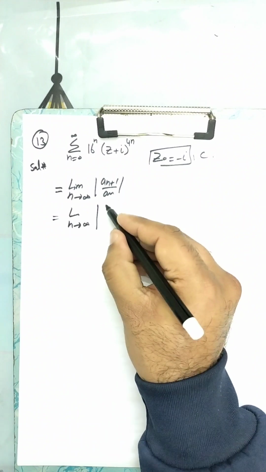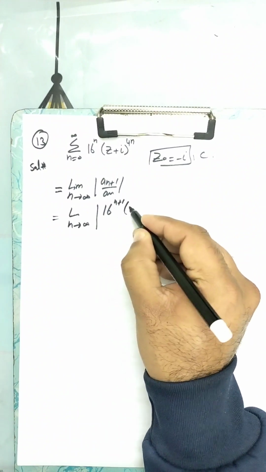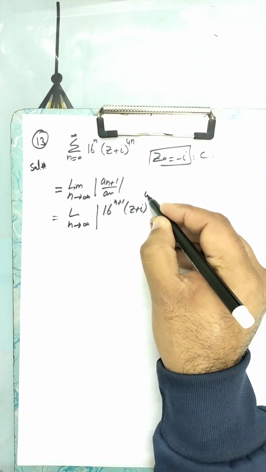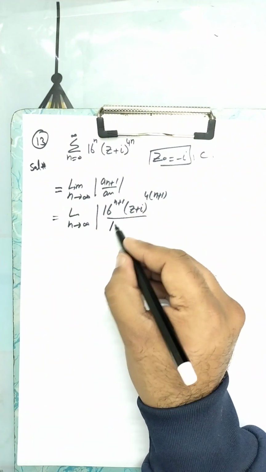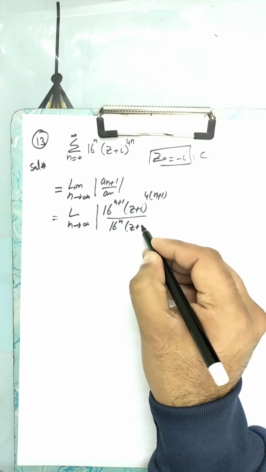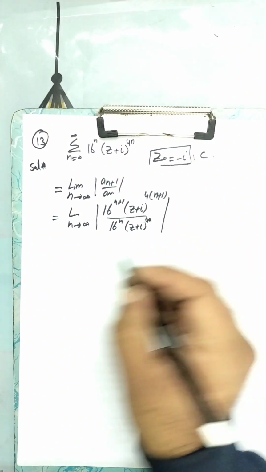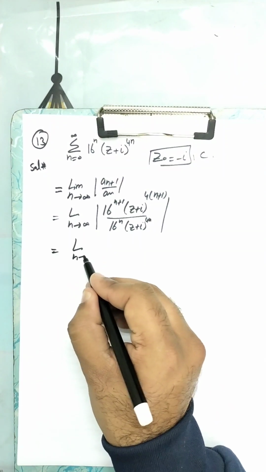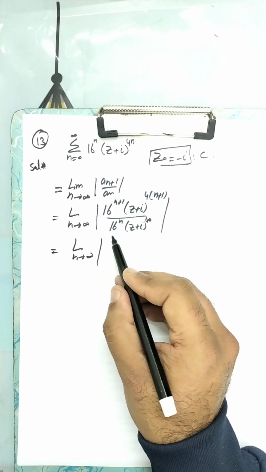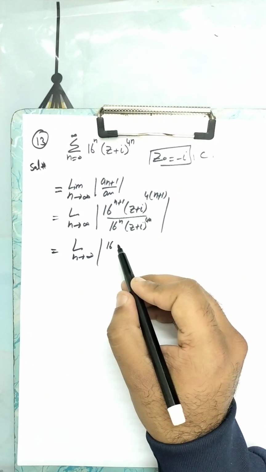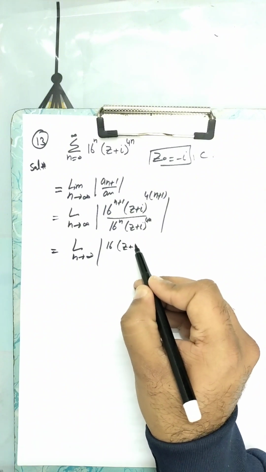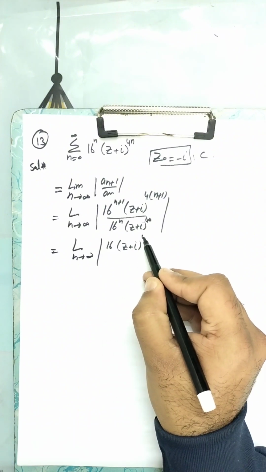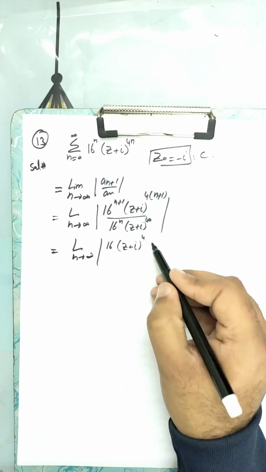What is a(n+1)? It is 16^(n+1) (z plus iota)^(4(n+1)) over a(n), which is 16^n (z plus iota)^(4n), and we simplify this. This becomes 16, and here (z plus iota)^4, because the 4n terms cancel out.